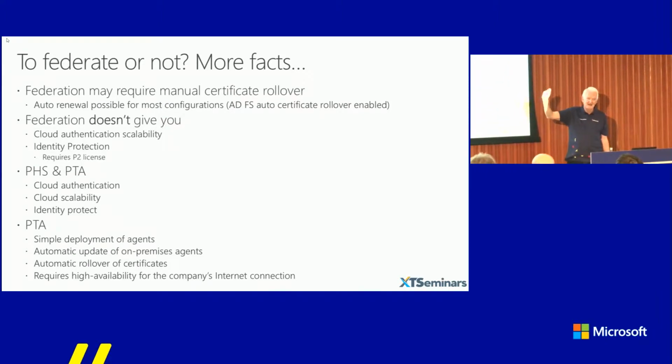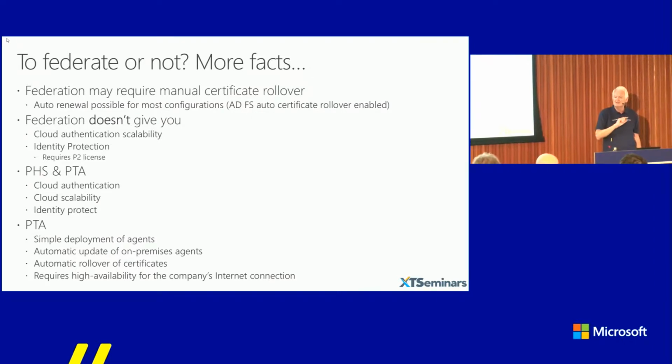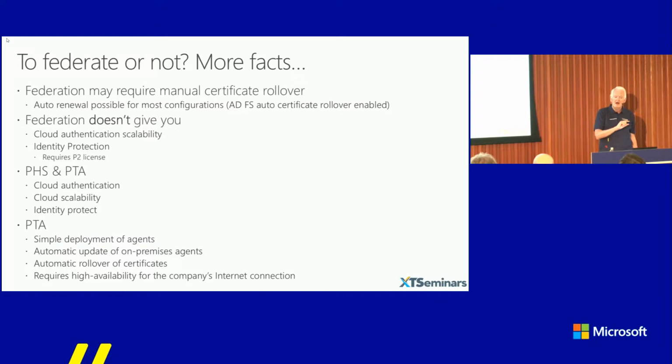And today, at this point in time, there is no automatic failover to something else. All right? And in fact, if you can't get from your company's Azure AD Connect server back to the Azure AD portal, you can't turn PTA off. All right?